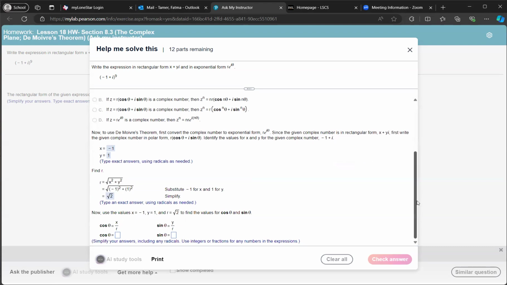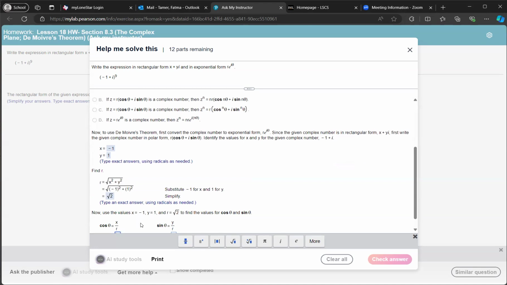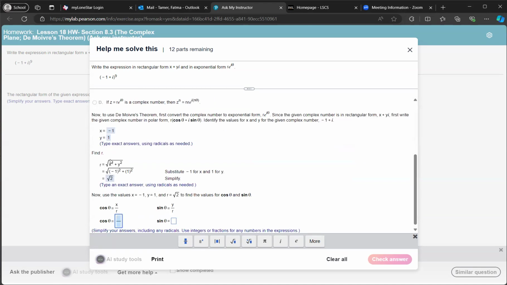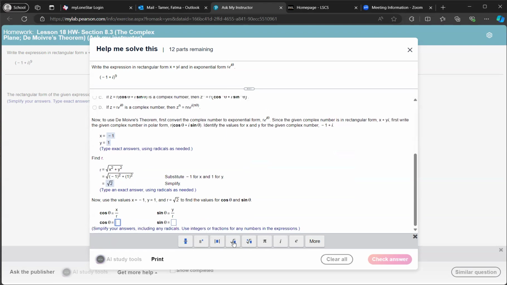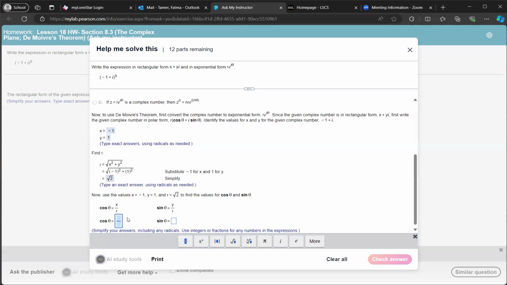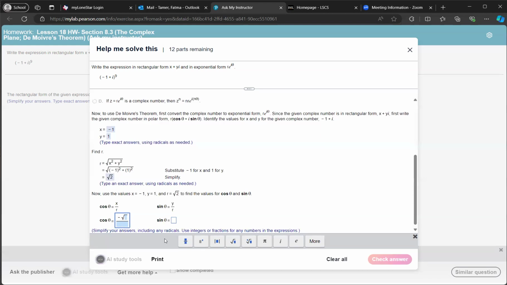Now, we're going to find cosine theta and sine theta. So the cosine theta formula is given here, x over r. Since the x value is -1 and the r value is the square root of 2, I can give that as the cosine value. But if we multiply the top and bottom by the square root of 2, this cosine value actually changes to negative square root of 2 divided by positive 2.